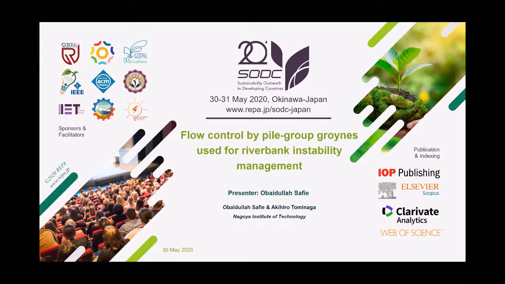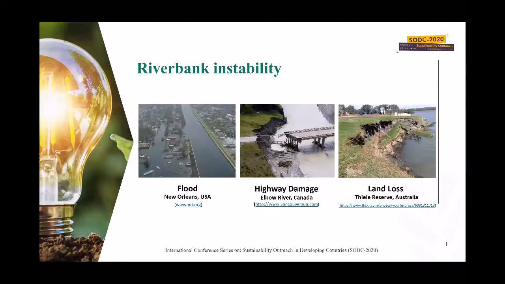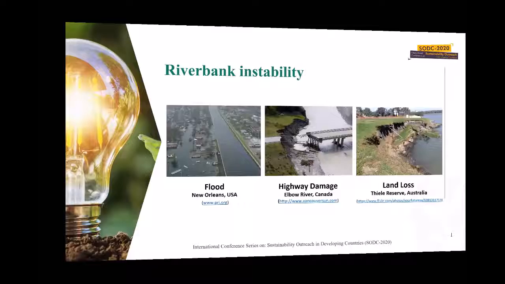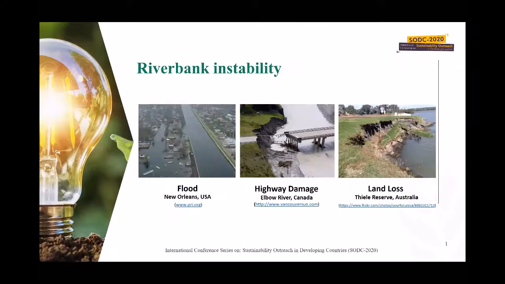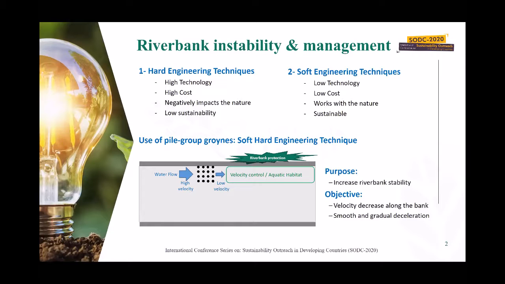Thank you, Dr. Ahmadi, for your question. So maybe we can return back to the introduction to answer this question. To manage riverbank instability, there are different techniques, of which two types are the most famous, which are hard engineering techniques and soft engineering techniques.